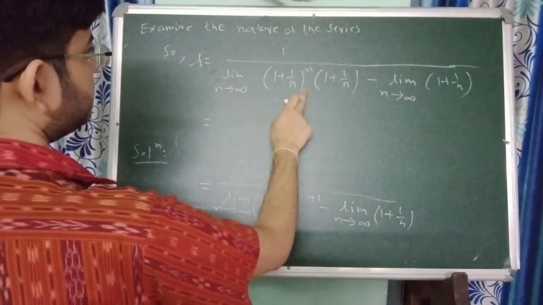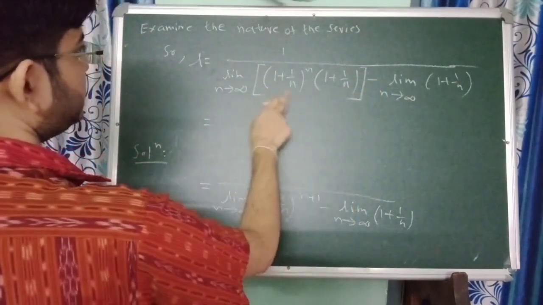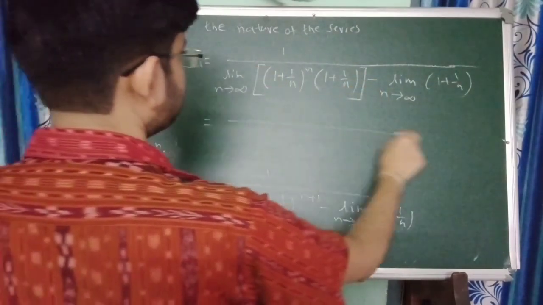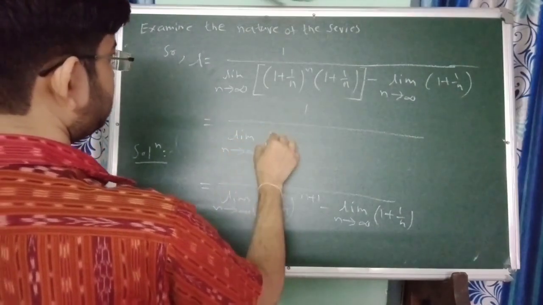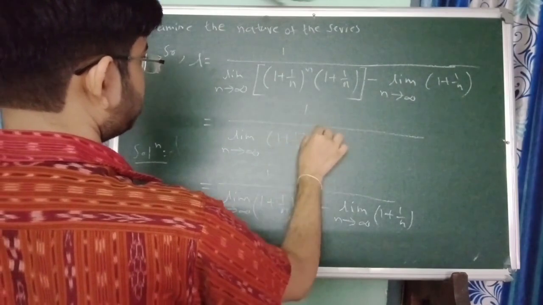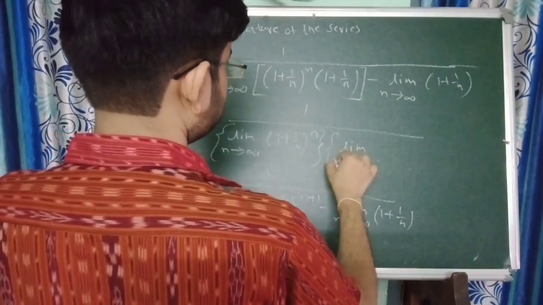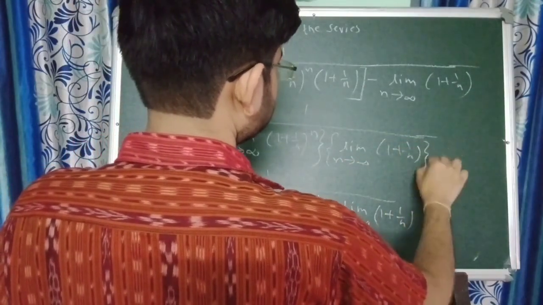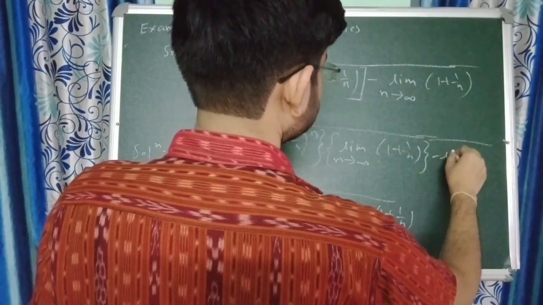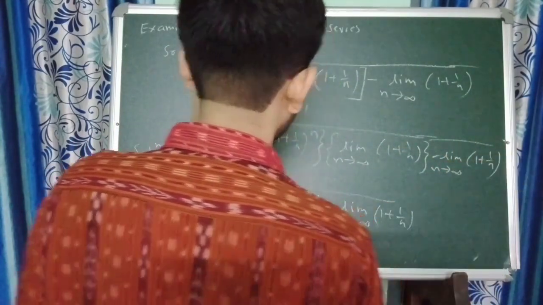Now taking the limit of both this part and this part, this becomes 1 divided by [limit of (1 plus 1 by n) to the power n into limit of (1 plus 1 by n) minus limit of (1 plus 1 by n)].